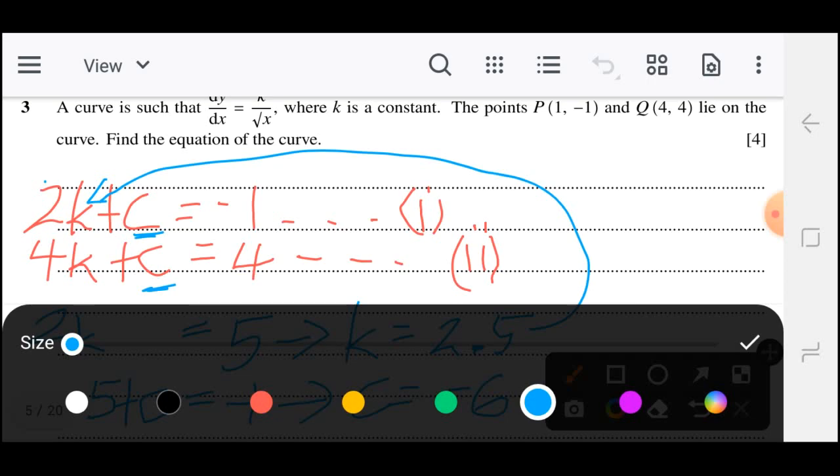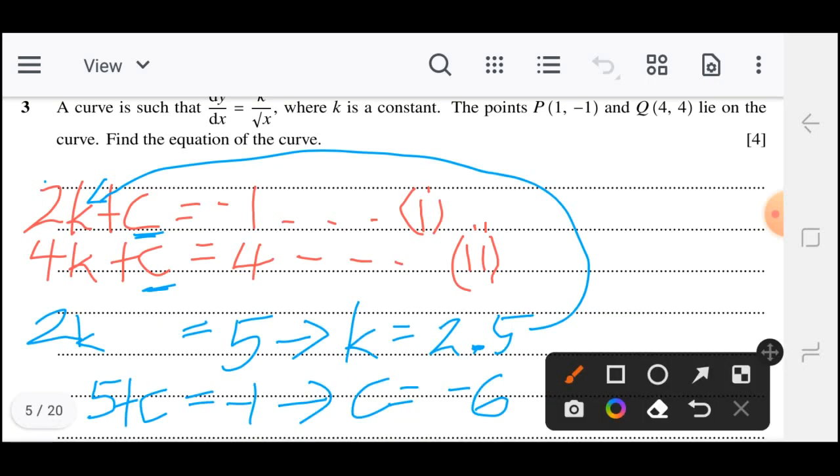Next, we substitute these two values. We put them back into the original equation for y. Right, and this should give us y equals 2 times k, which is 5, times the square root of x.